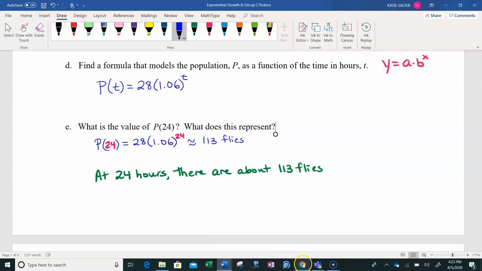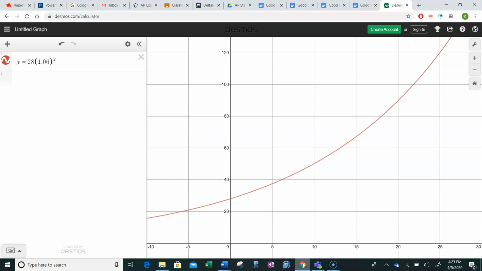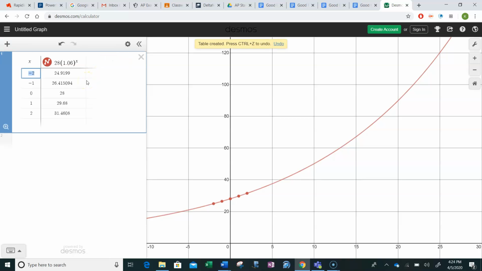Let's look at this in Desmos real quick. We could type this function in, y equals 28 times 1.06 to the x. Do you see how it has that curve to it? It doesn't increase as fast as one that's doubling, but it's definitely an exponential function. Remember, in Desmos you can change this to a table.